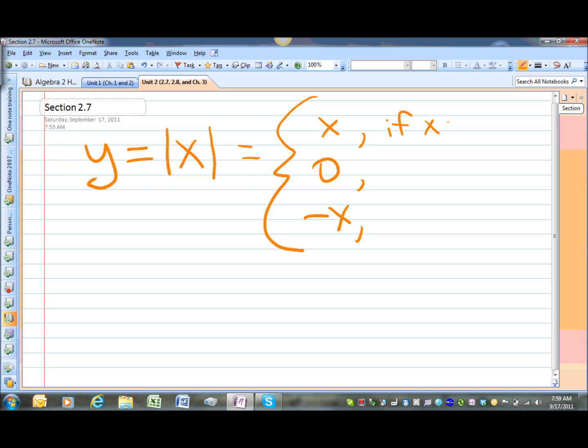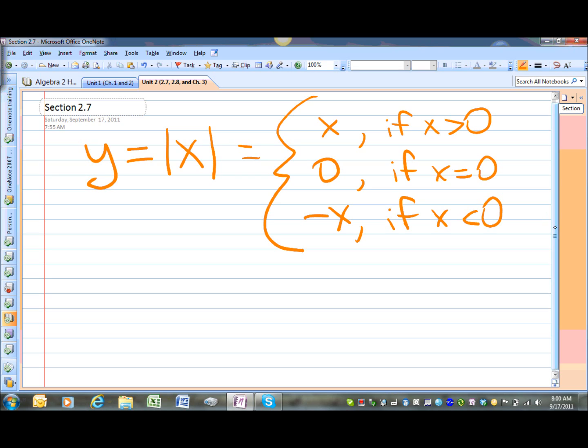If x is greater than 0, the absolute value of x equaled x. If x equaled 0, the absolute value of x is 0. And of course, if x is less than 0, the absolute value of x equals negative x.